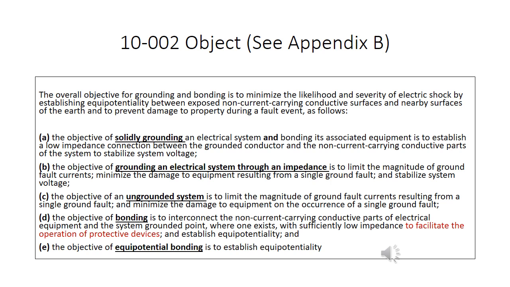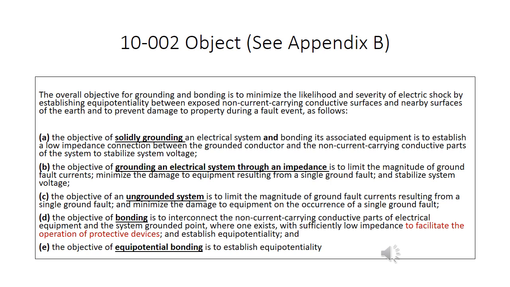Subrule A. The objective of solidly grounding an electrical system and bonding its associated equipment is to establish a low impedance connection between the grounded conductor and the non-current carrying conductive parts of the system to stabilize system voltage.